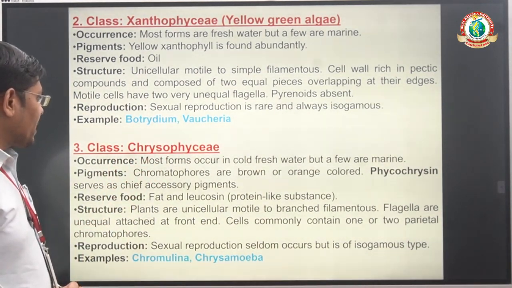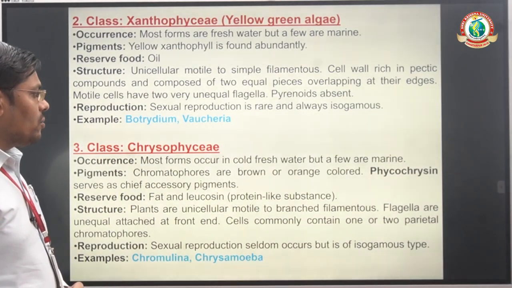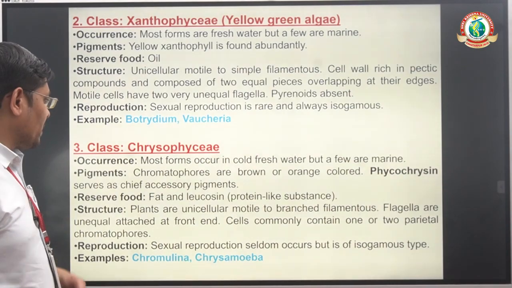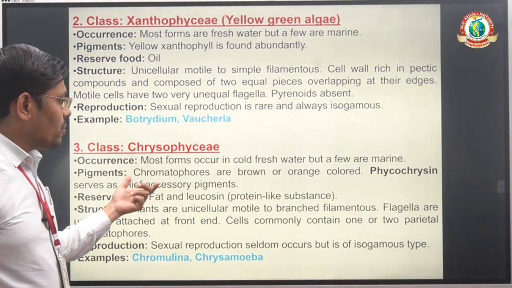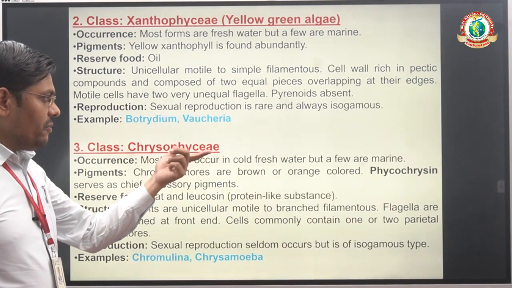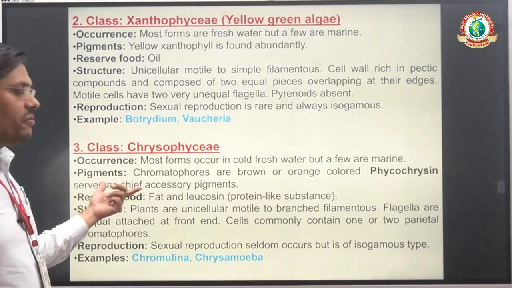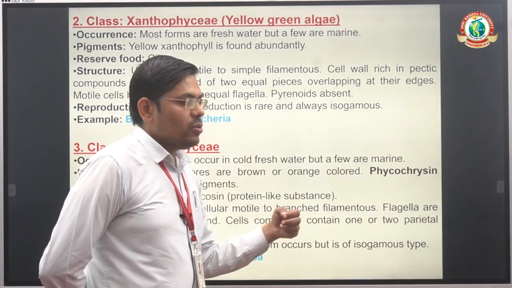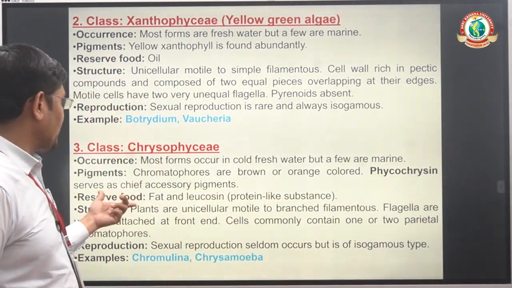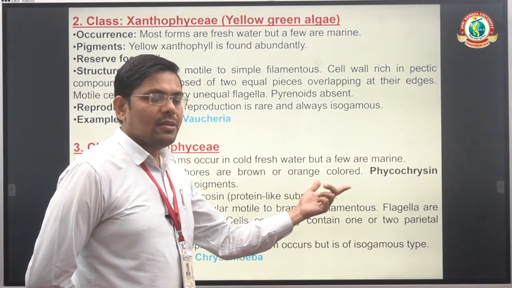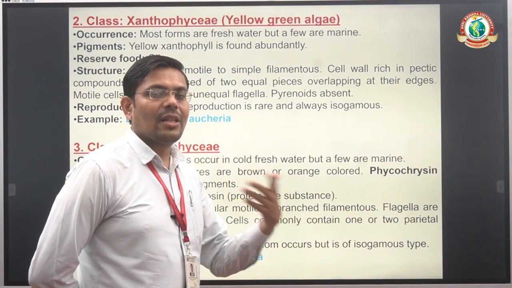Next class is Chrysophyceae, and these are found in cold fresh water or some in marine water. The pigments are chromatophores, brown or orange in color. Phycoerythrin may be present as the chief pigment. Phycoerythrin is a very important question for competitive exams, and it has been asked several times: of which class of algae is it a pigment?